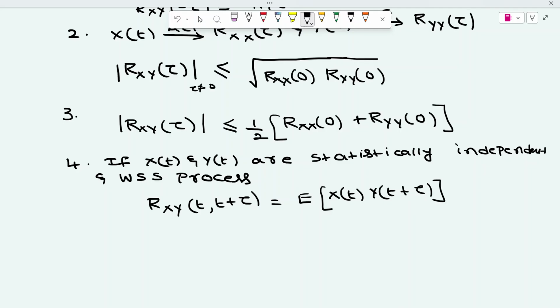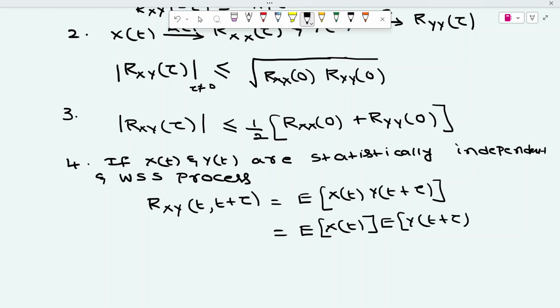If they are statistically independent, then expectation of xy we can write as expectation of x into expectation of y. So this is equal to expectation of x of t into expectation of y of t plus tau.